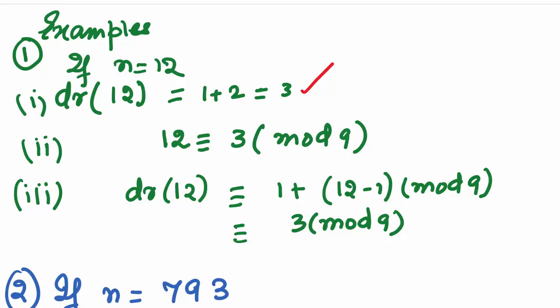You can see 1 plus 2 gives us the digital root as 3. Also, 12 is congruent to 3 mod 9, so the digital root is 3. And lastly, using the formula, digital root of 12 is 1 plus (n minus 1) modulus 9. Here n is 12. You get digital root of 12 is 3 modulus 9. Again, we get the digital root as 3.